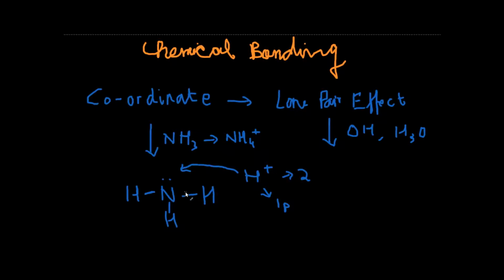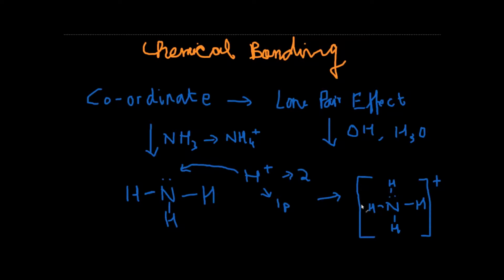So what happens is this leads to both of these bonding. You already have the N in the middle, the H here, the H here, the H here, and to this you add the H plus ion that combines and gets those two electrons, and this whole thing becomes a positive ion.